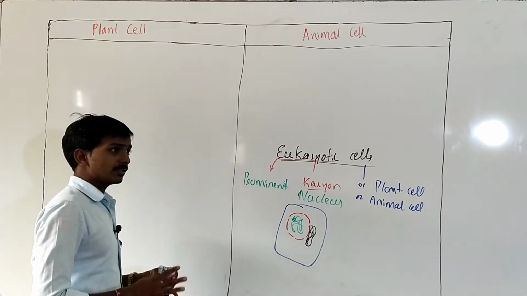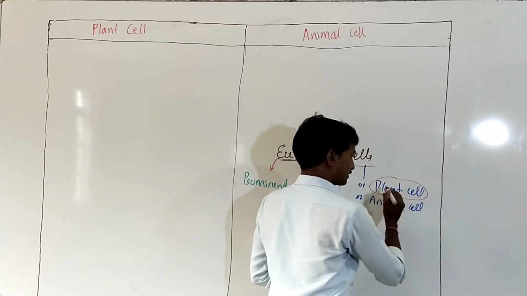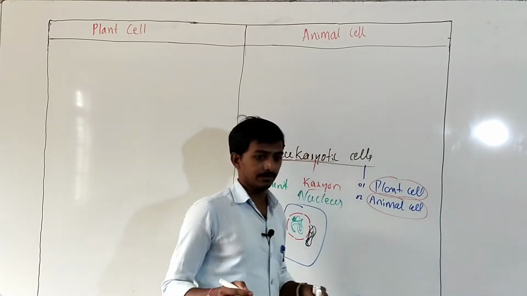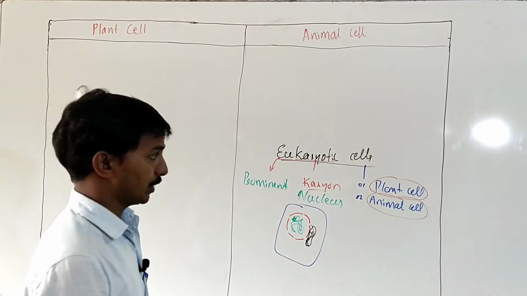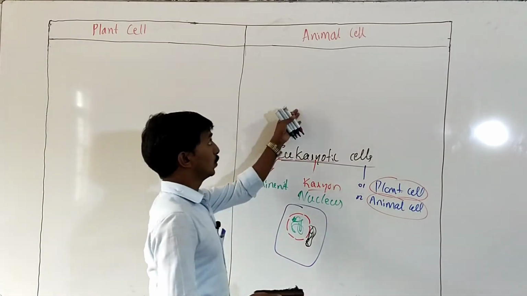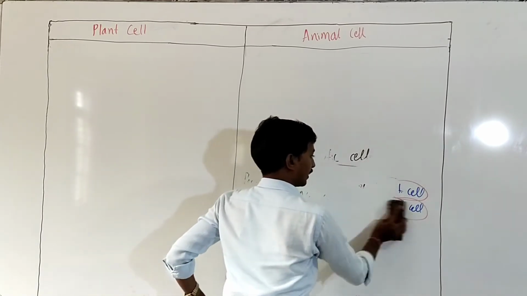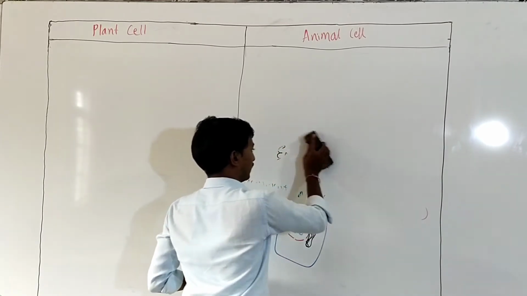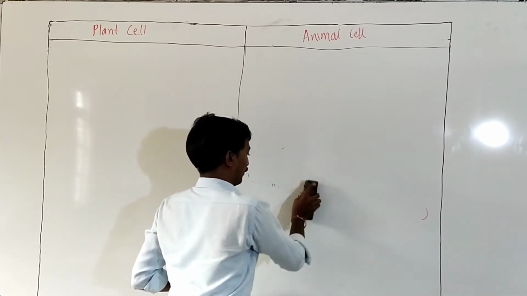So in this class we will briefly discuss the difference between plant cell and animal cell. Maybe the structural difference or the biochemical difference. We will see those differences in detail. We will keep on listing and we will find the required explanation for that point.